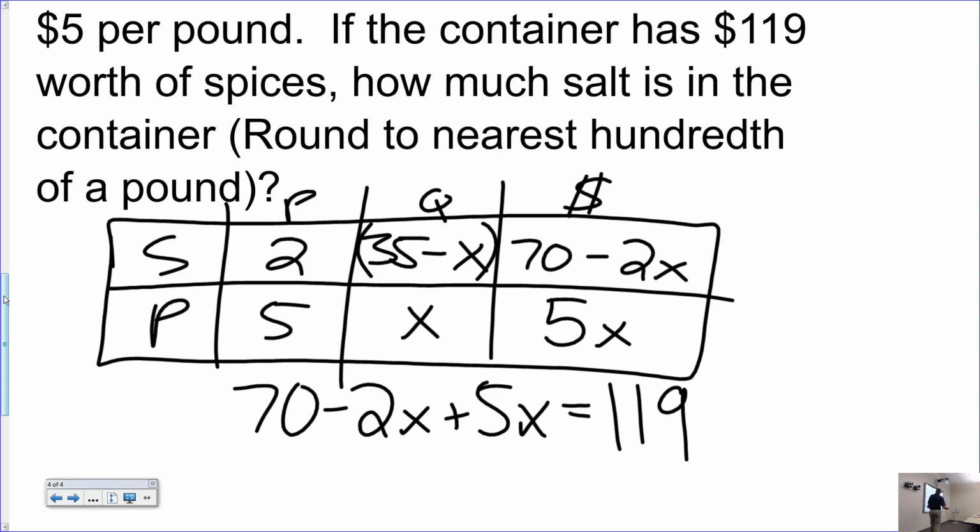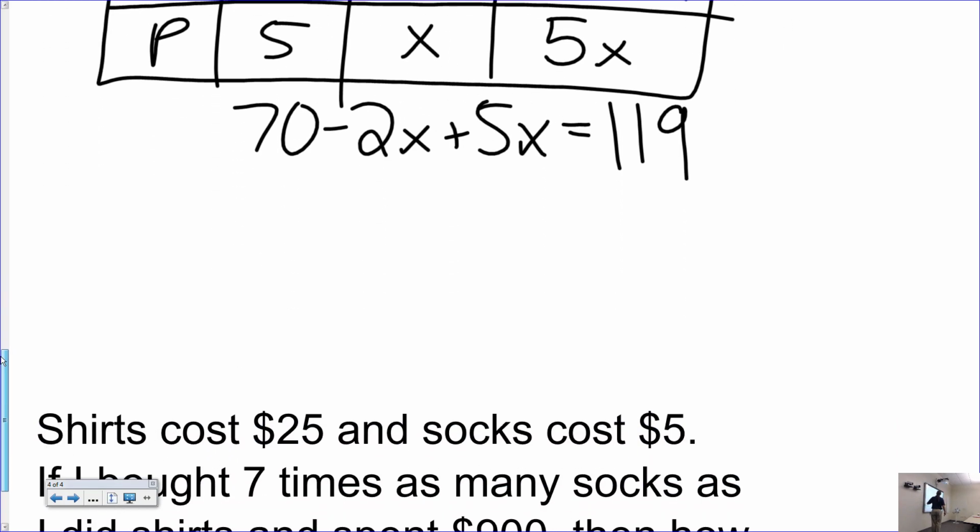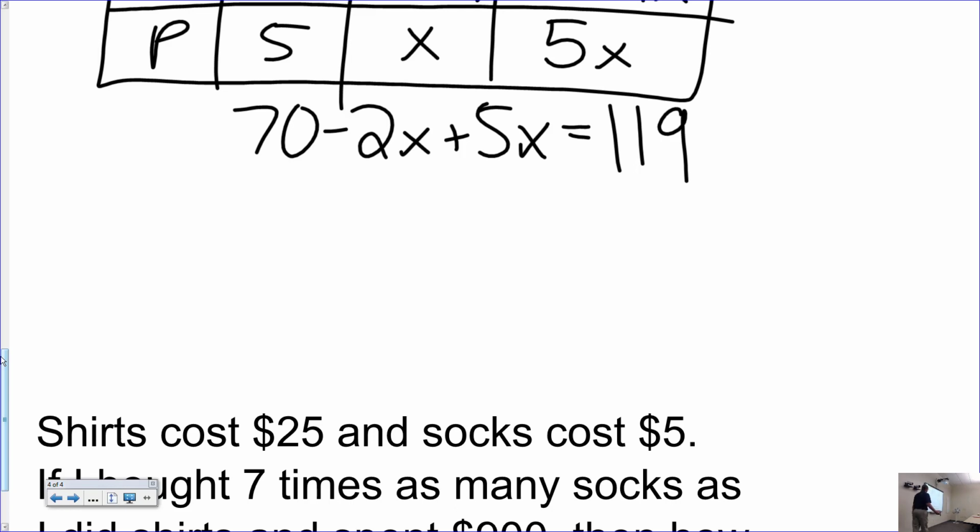Now, you now have the algebra, right? Now it's just a matter of solving. Again, please be careful, folks. This is a minus 2x, a minus 2x plus a 5x.